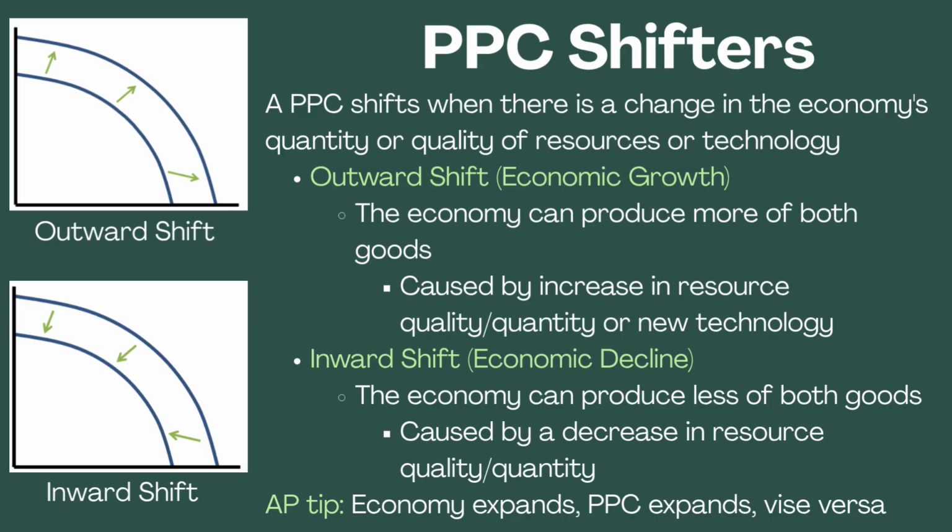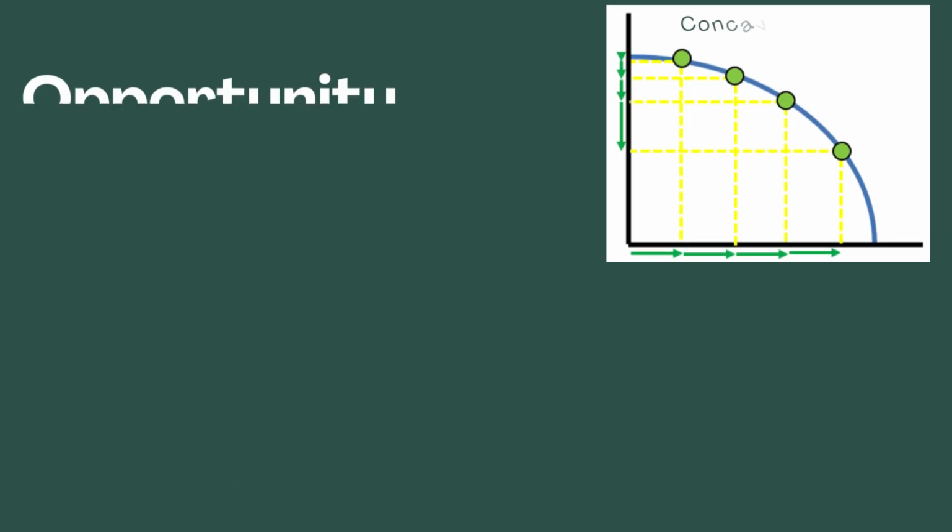An inward shift is an economic decline, meaning the economy can produce less of both goods, which is caused by a decrease in resource quality or quantity. When the economy expands, the PPC also expands outward, whereas when the economy declines, the graph moves inward, which is a decline as well. This is a useful tip for the AP exam as well.